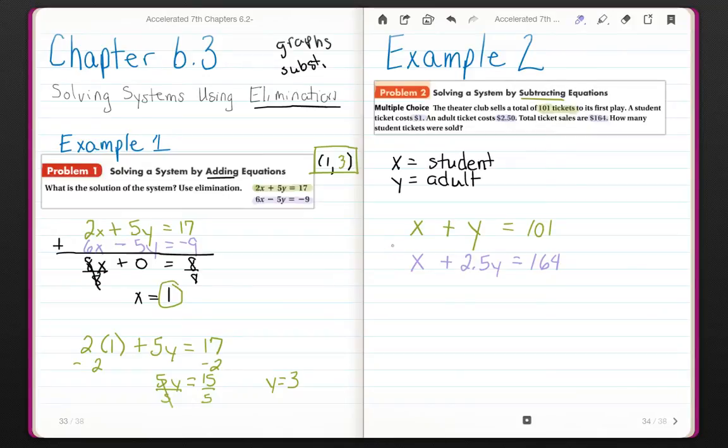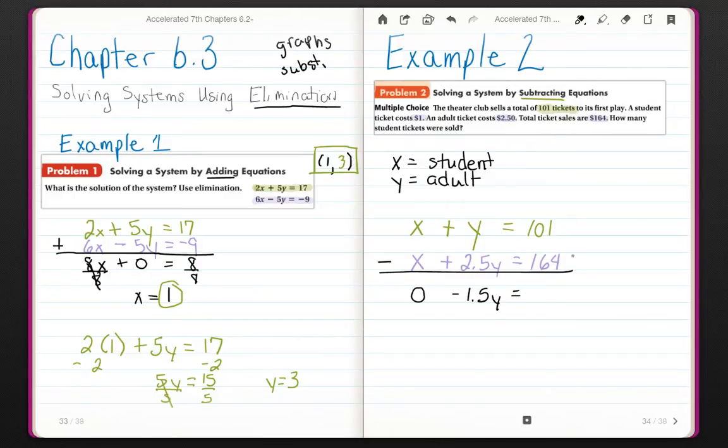Now, if I were to add these two equations together, x plus x is 2x, and y plus 2.5y is 3.5y. That doesn't eliminate a variable. So instead, I'm going to subtract, because x minus x is nothing. y minus 2.5y is negative 1.5y.